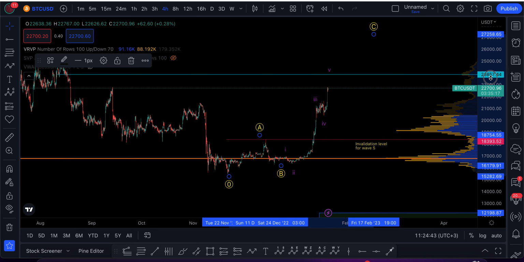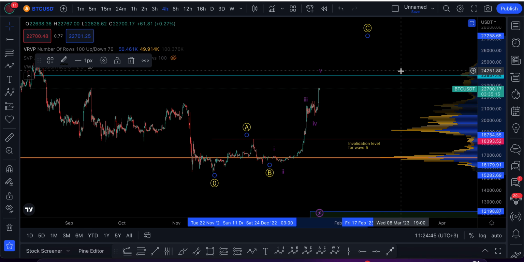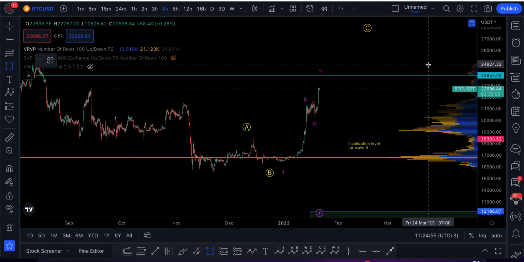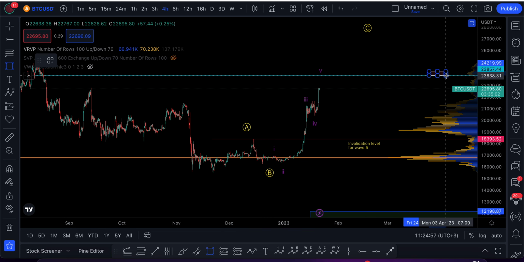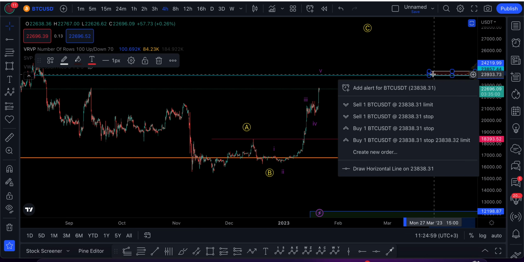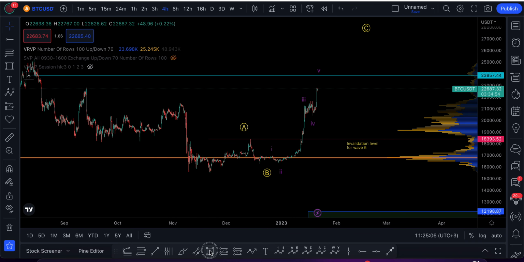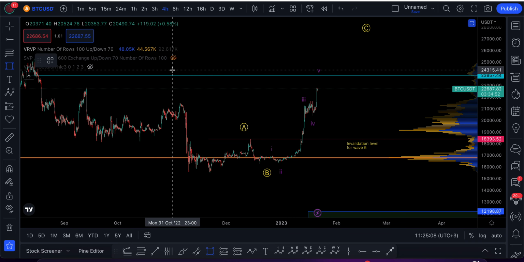Do we have any nodes that we need to consider? Just from looking at the volume profile, you can see that we have a node around this area here, and it's also a range. So let me mark it. It's some sort of a range right about here. I think I need to change the settings for this. Let's see if I can mark it.